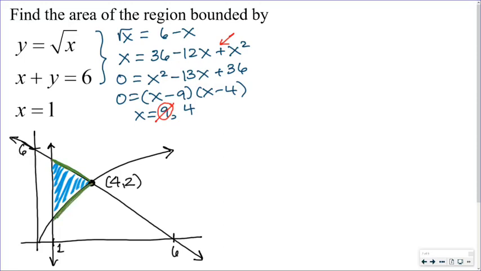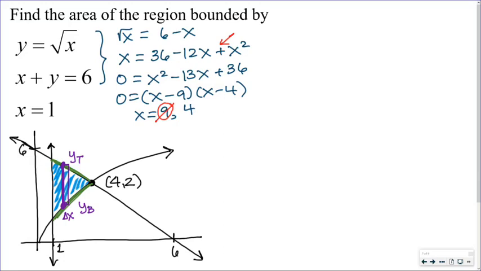Okay, so my rectangles are going to look like this. Now, these are infinitely skinny rectangles, right? I'll kind of exaggerate it a little bit, but remember, these are infinitely skinny. And how skinny are they? Well, the base of these is dx, and the height is the y value.